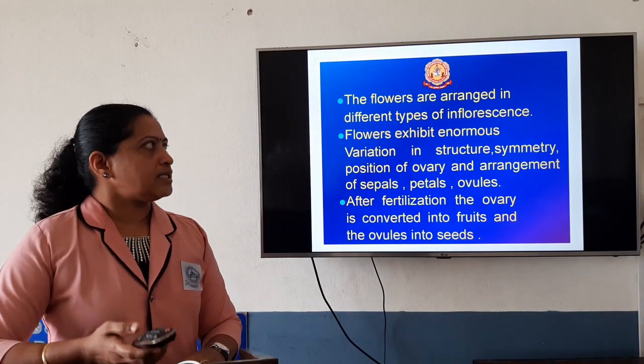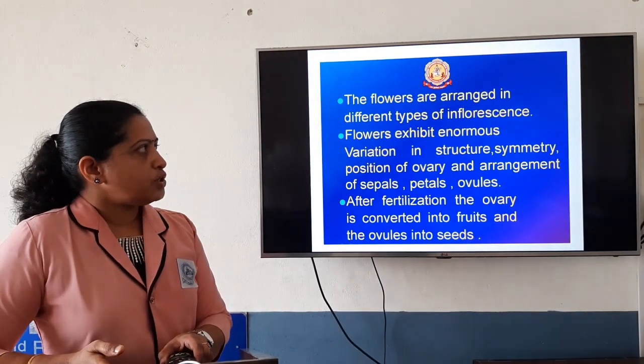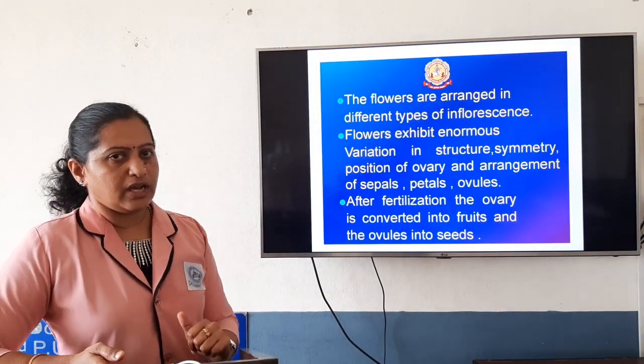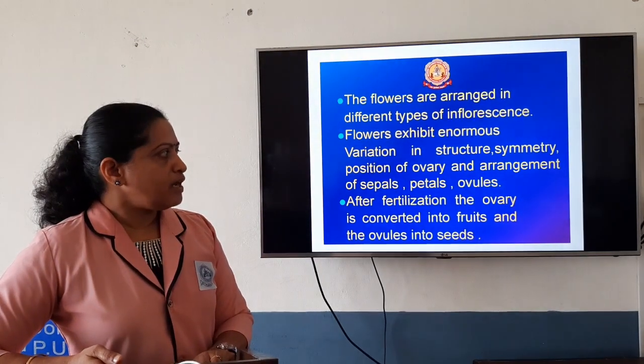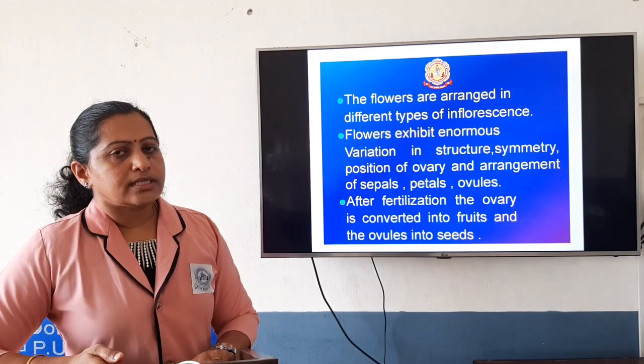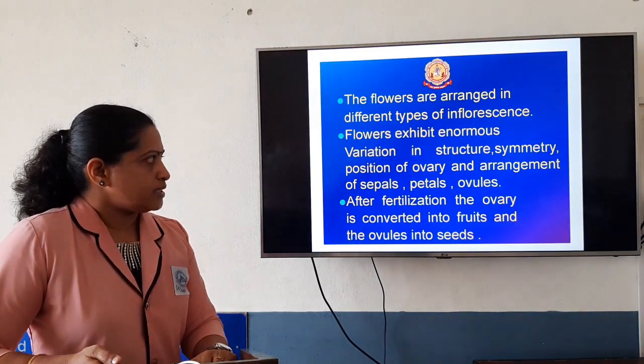Next, flowers. Many flowers are arranged on the floral axis to form an inflorescence, and there are different kinds of inflorescence. The two kinds of inflorescence that we have studied are racemose inflorescence as well as cymose inflorescence.